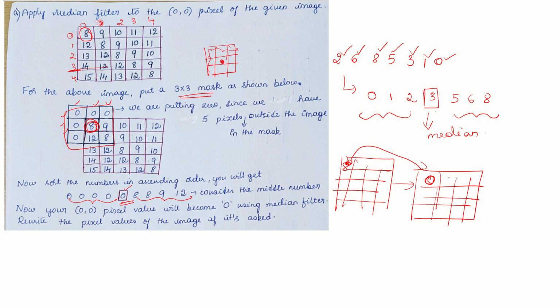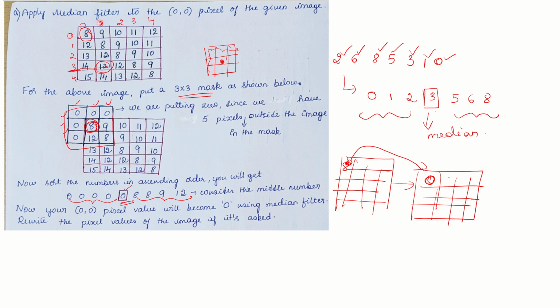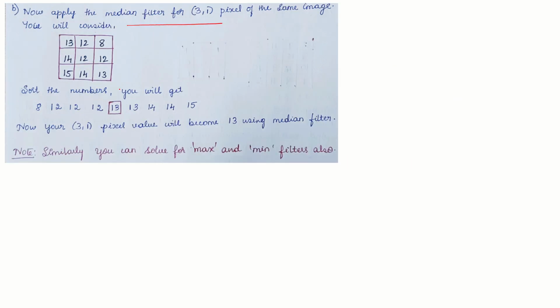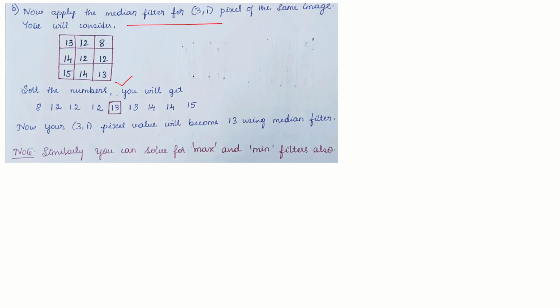So this 12 is the pixel we have to consider. If I do that, this is the region I have to consider. Here you can see 13, 12, 8, 14, 12 is the center pixel, 12, 15, 14, 13. This is what we have to consider.